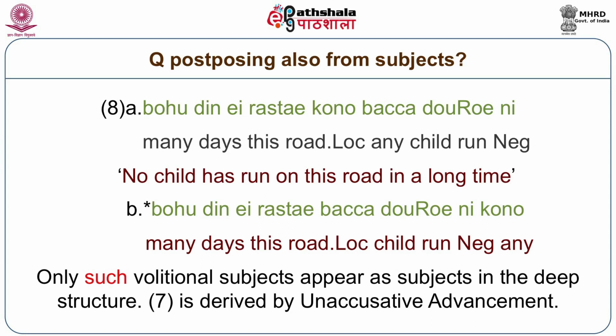When you add further examples to your data for all these cases, you find a pattern emerging. Subjects allow the word kono to move to the right if the verb expresses not a deliberately carried out volitional or voluntary action by a full-blooded agent, but a verb that denotes some event that transpires that affects the subject.